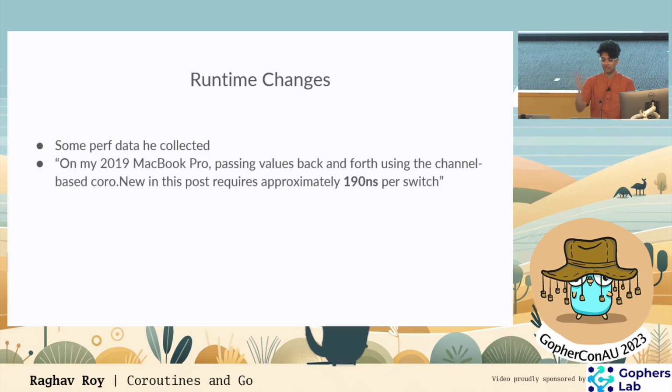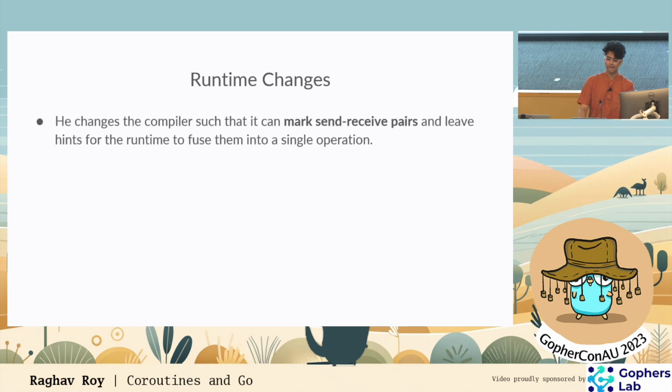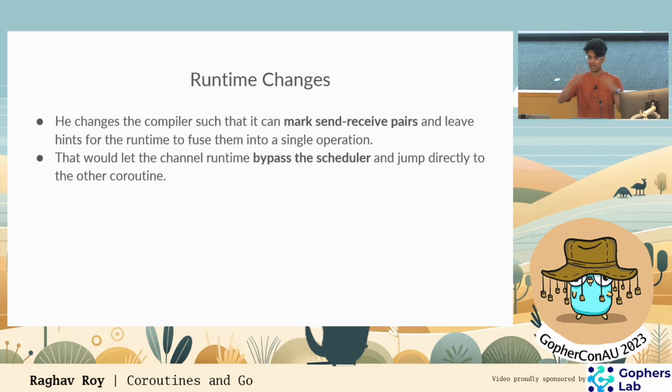Passing values back and forth using the channel that we just implemented was approximately 190 nanoseconds per switch. And so what he did was he started marking these send and receive pairs for the compiler. So the compiler, instead of having to schedule these channel switches, it can do it more directly, by fusing them into a single operation. And so you bypass the scheduler entirely and jump between coroutines when you resume or yield.